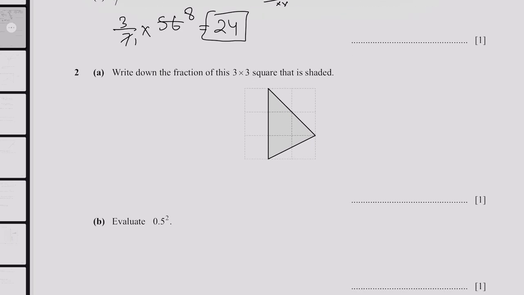Now write down the fraction of this 3 by 3 square that is shaded. So basically let's find the area first. For this triangle, it's basically half of this 2 by 2 square, so it's 4 over 2, plus this triangle, which is basically half of these two squares, so 2 over 2, which equals 1.